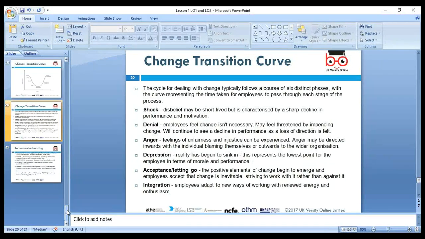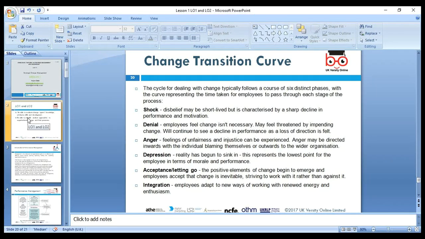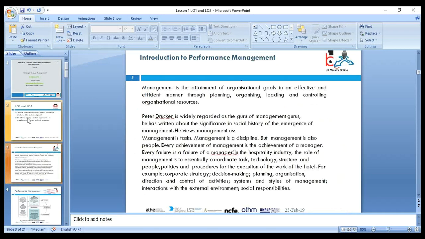So today we discussed some models of change, and we discussed what performance management is, because ultimately whatever we want to change, we want to improve performance. We discussed what performance is, what management is. We discussed Peter Drucker, a great scholar who wrote many books.